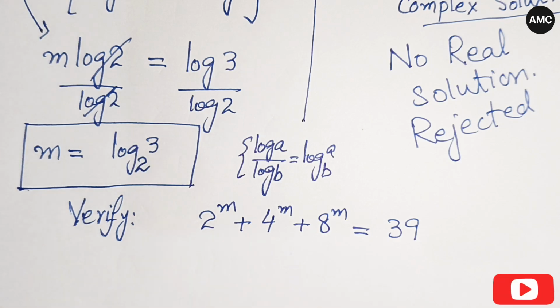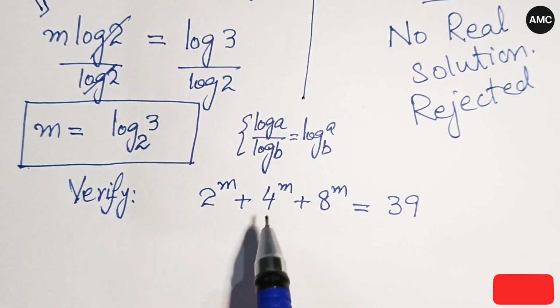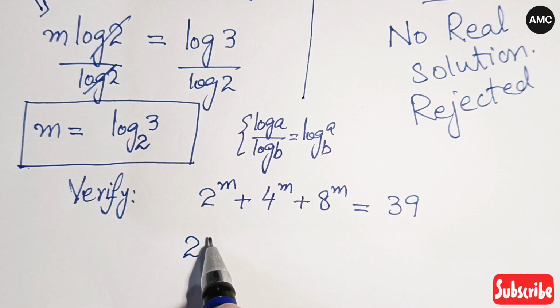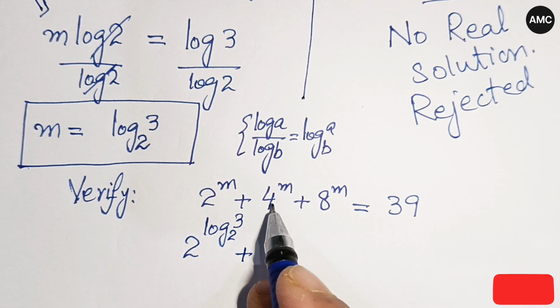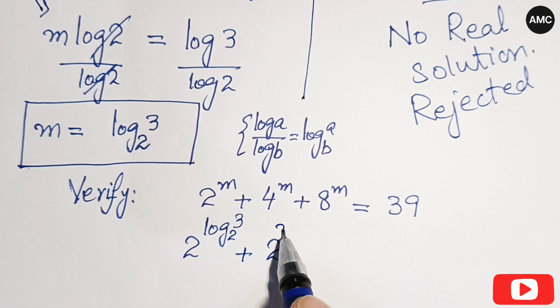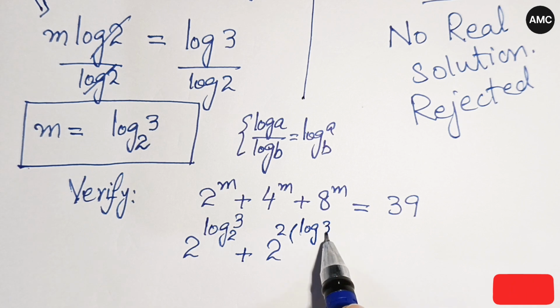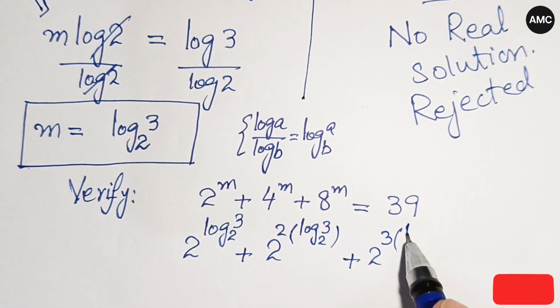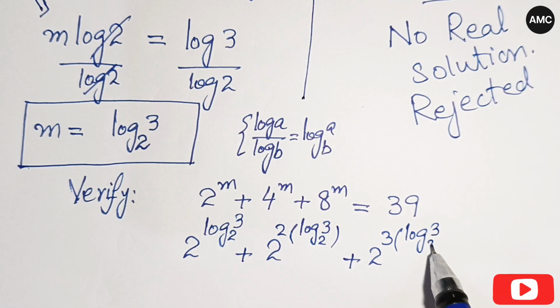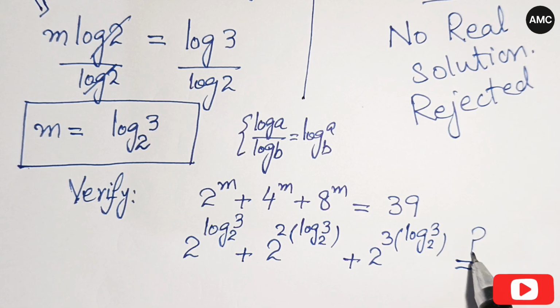Now checking our value of m here. So 2 to the power log 3 to base 2, plus 4, which can be written as 2 squared, with m as log 3 to base 2, similarly plus 8, which can be written as 2 cubed, with m as log 3 to base 2. Is it equal to 39?